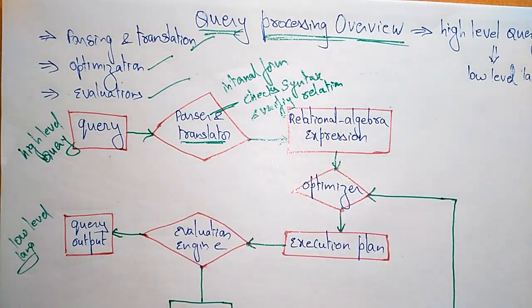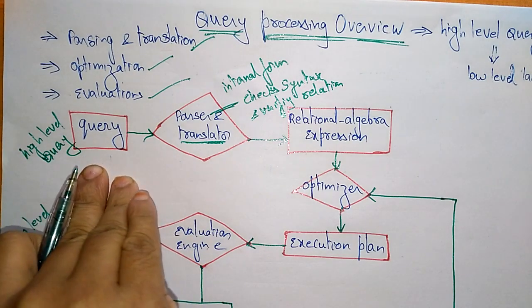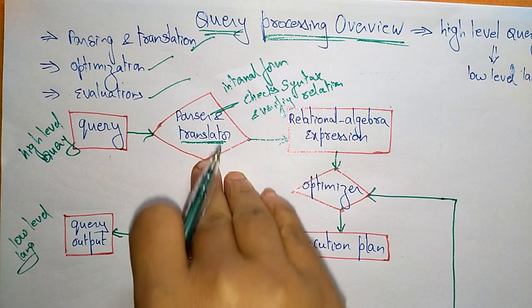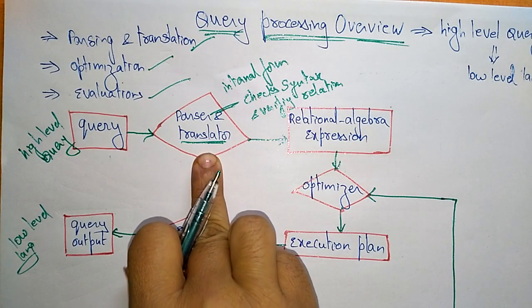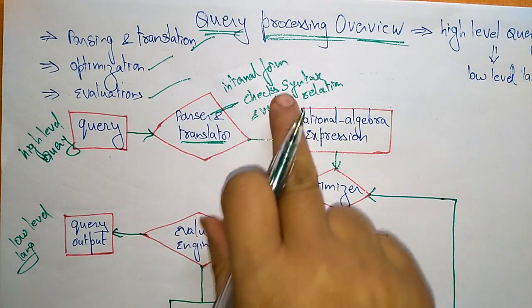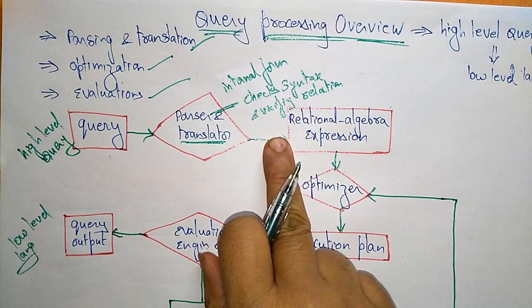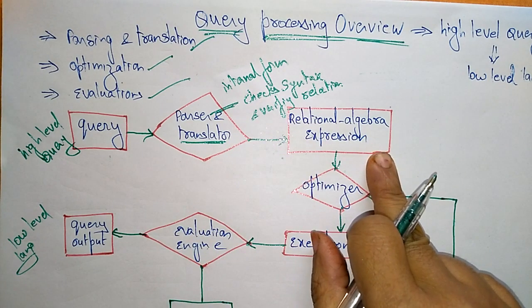So that is the work of the parser. First we take the query from the user, and that query is placed in the parser and translator. Here the translator converts the query into internal form, whereas the parser is used to check the syntax and verify the relation. After that the query becomes a relational algebraic expression.